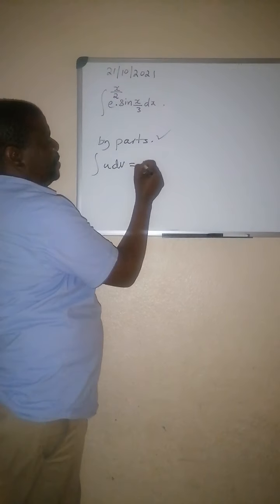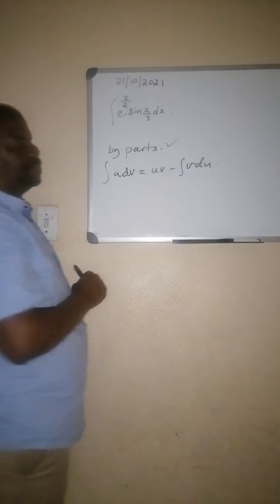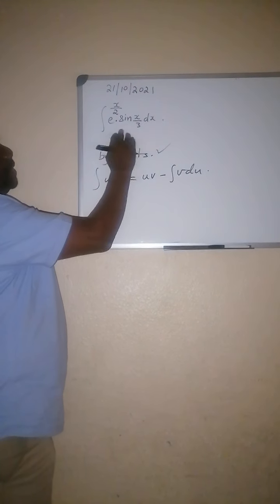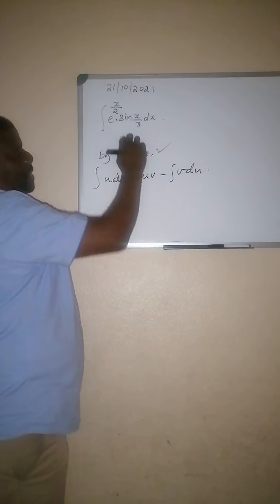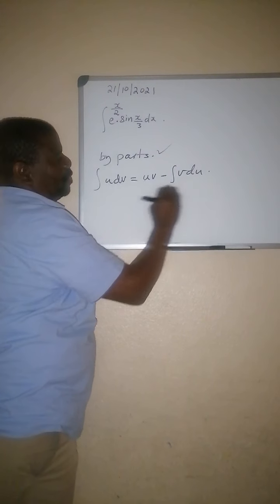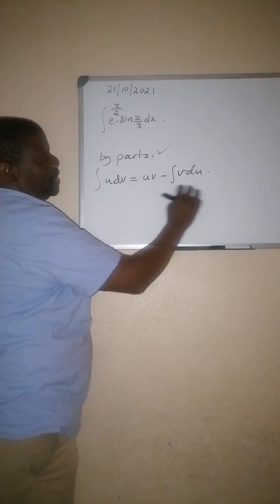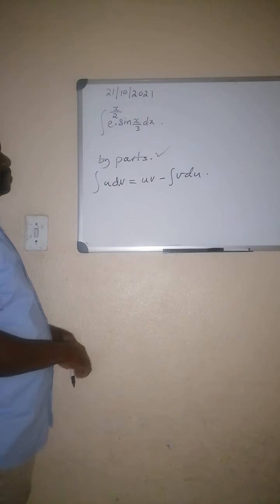Then the integral will be uv minus the integral of v du, which then means that we need to break it down such that we are able to build on this, because when we shall have built all these parts, we will then be able to make a move.